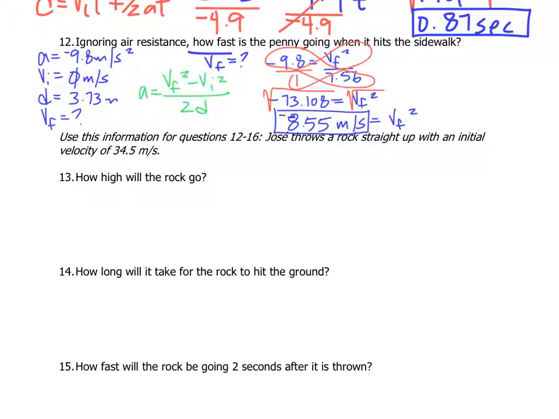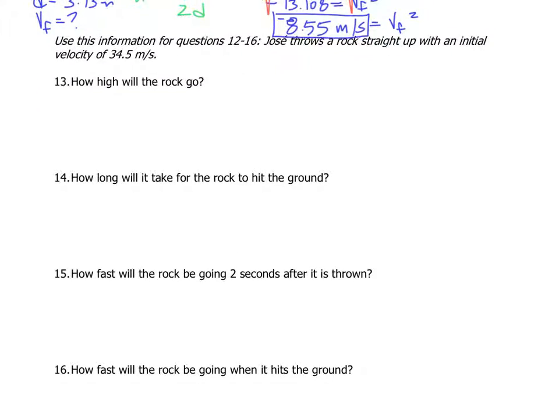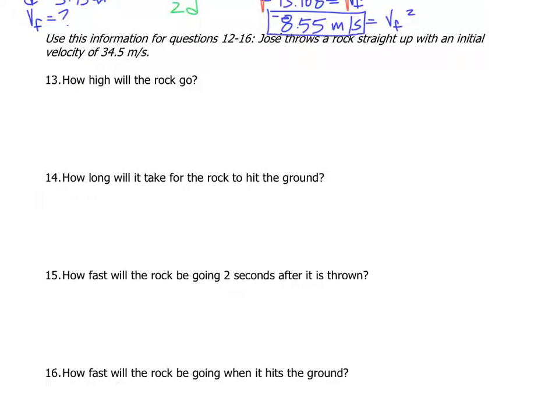Okay, let's look at the next question. This information I'm going to use for, it says 12 through 16, it should be 13 through 16. Okay. It says Jose throws a rock straight up with an initial velocity of 34.5 meters per second. So just to show you what the rock's doing, it's going up and then coming back down.